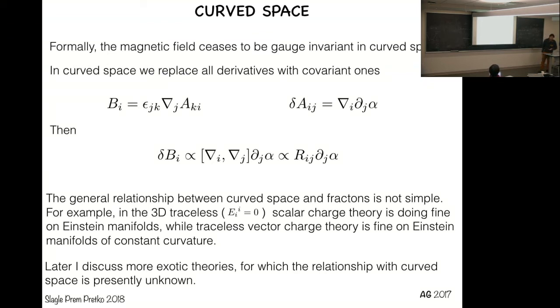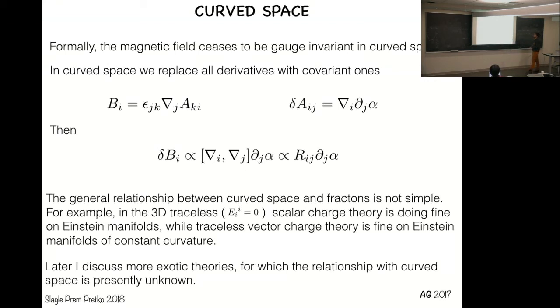Now, it seems that the relationship between curved space and those theories is a bit more complicated. It's not that the second you introduce curvature, the theory loses its symmetry. Turns out that sometimes, if you are placing a theory on a particular manifold, it still retains its gauge symmetry. But if you try to place it on a generic curved manifold, it will lose the gauge symmetry. So the coolest example of this that I know was discussed in this paper.